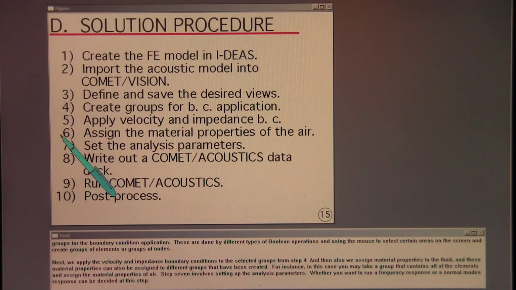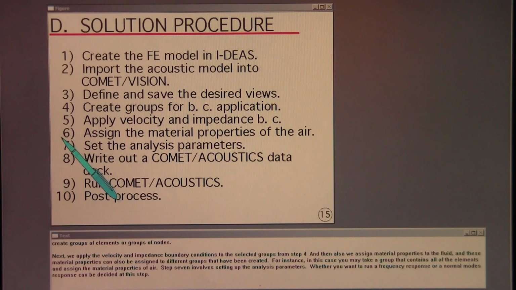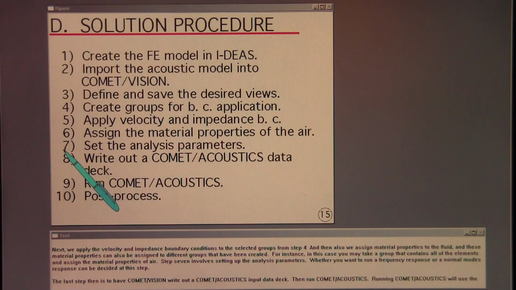For instance, in this case, you may take a group that contains all of the elements and assign the material properties of air. Step 7 involves setting up the analysis parameters. Whether you want to run a frequency response or a normal mode response can be decided at this step.